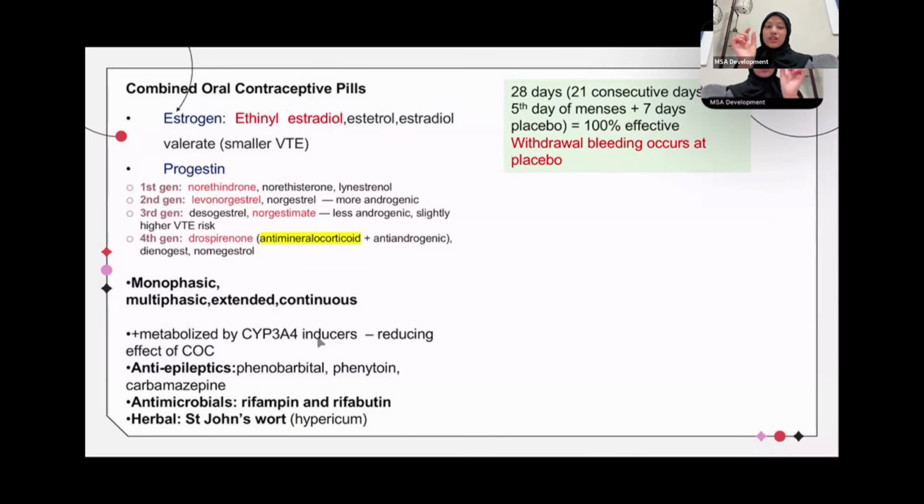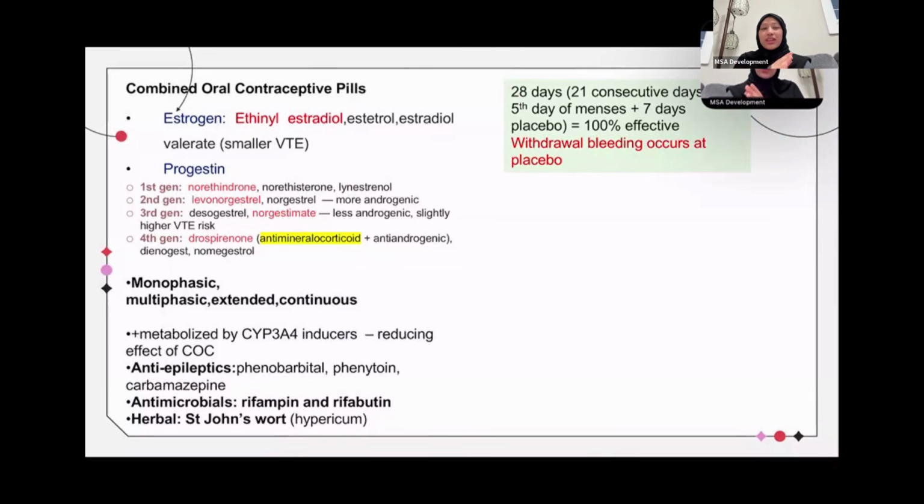So this enzyme is being hyperactive and breaking down estrogen, these pills, left and right, which means that these pills are being cleared faster from the body. Metabolized means they are being cleared and they're not being used effectively. So the woman will have a higher chance of becoming pregnant because these pills will fail to work as a contraceptive. I hope that made sense.